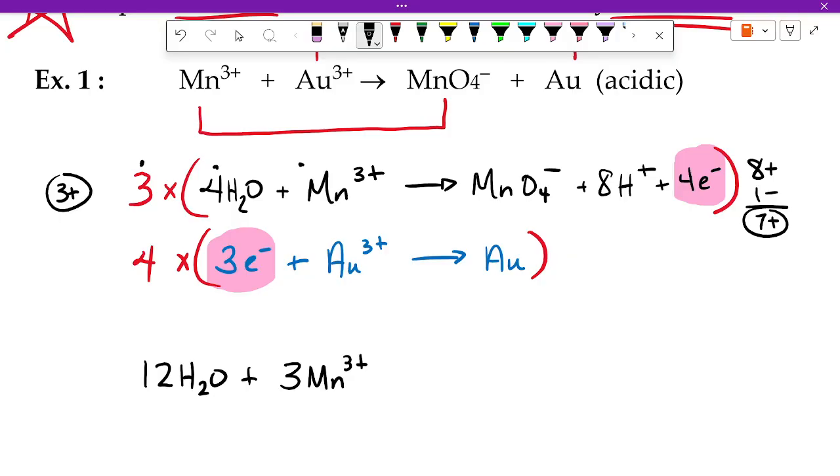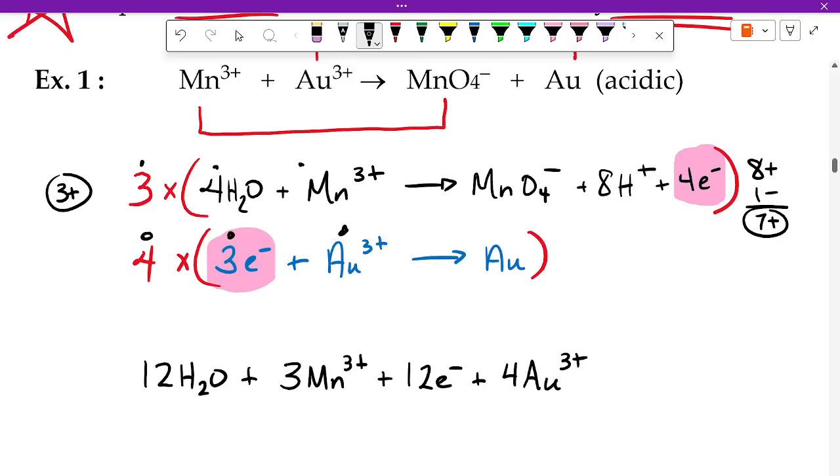So now I need to move to my reactants on the other one. 4 times 3 is 12 electrons plus 4 times 1 is 4 Au3+.